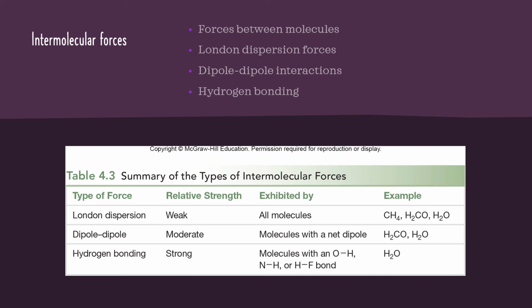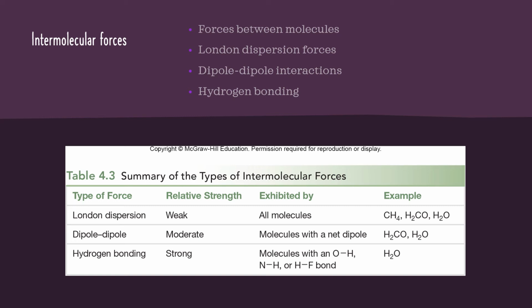Now, the last one is called hydrogen bonding, and this is going to be our most important one, the one that we're going to talk about the most. And this is the strongest of all of the intermolecular forces, and it occurs between a hydrogen and either an oxygen, a nitrogen, or a fluorine.